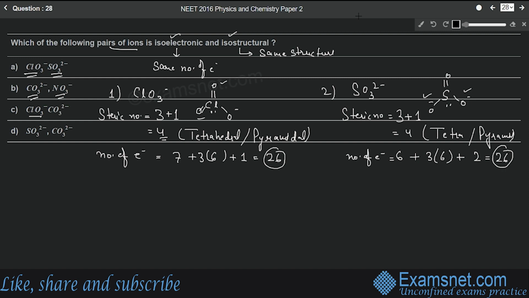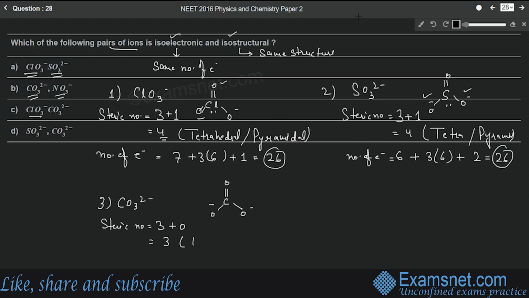Okay, let's see the other ones also. The third one is CO3 2 minus. Here we have carbon, double bond O, this side single bond O minus and O minus. Now steric number: total number of atoms bonded to carbon is 3, and how many lone pairs of electrons? 0. Carbon has no lone pair of electrons, so the total steric number will be 3 this time.